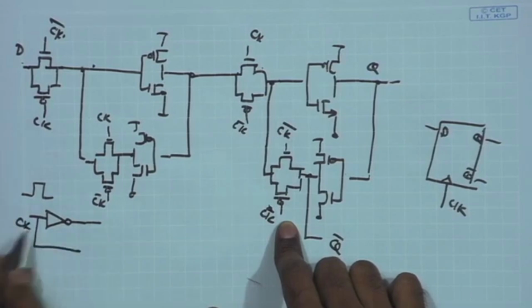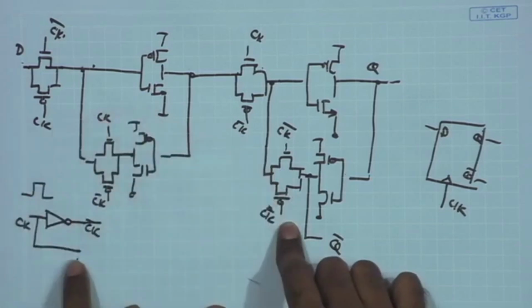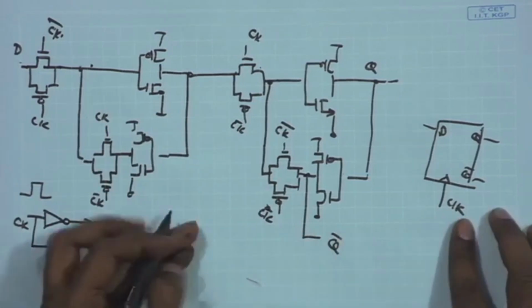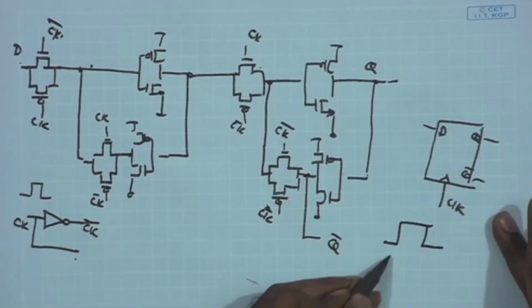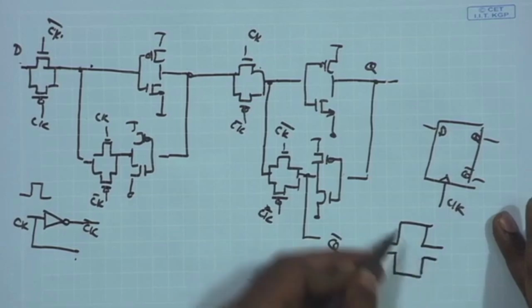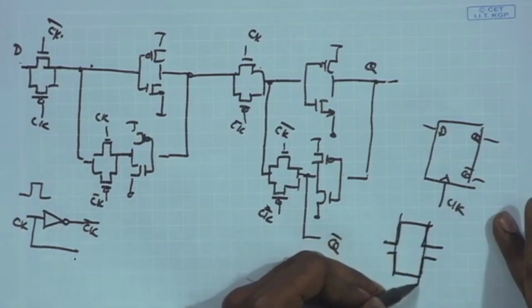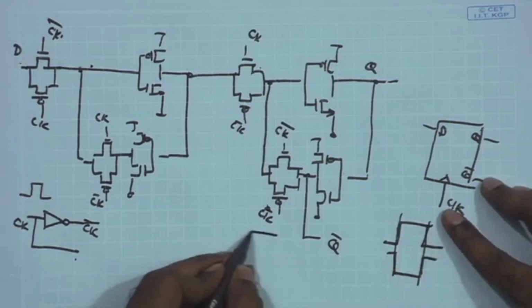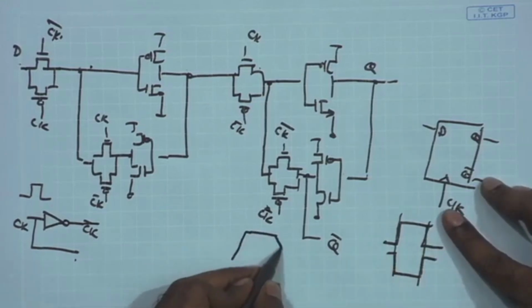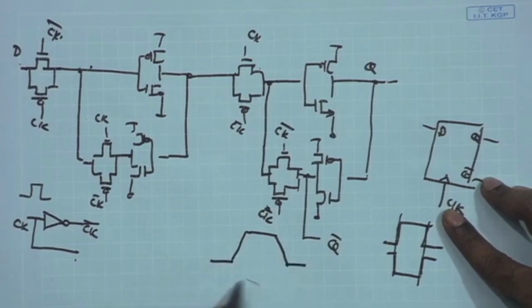So, if this is clock, I can have the clock and clock bar being generated and being fed to all the different modules. In general, we would like the clock and clock bar to be exactly phase opposite, right. So, we would like them to be exactly 180 degrees out of phase, but in general they have finite rise and fall time. So, the clock and clock bar, if I look at the actual picture, they will have finite rise and fall time.